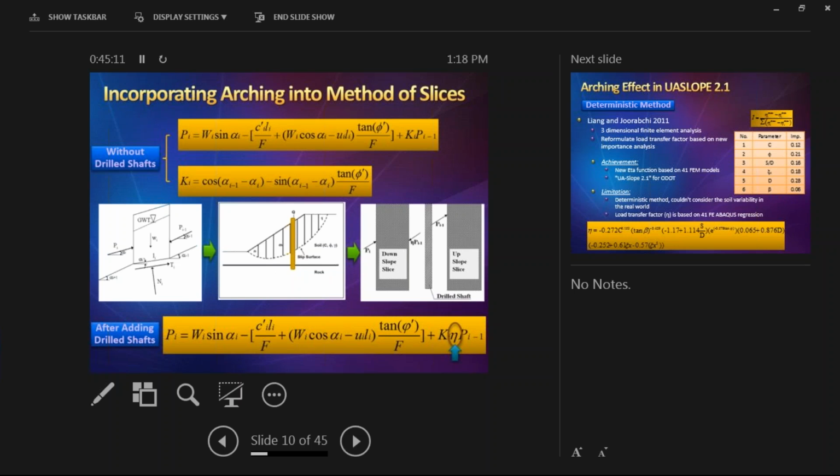All the rest of the slices use the same equation for computation, so the modification is very minimal. It really depends on the location of the drill shaft and the eta factor. So the question here is, how do we quantify the eta factor so that it can accommodate all the situations you may encounter in a real-world project?